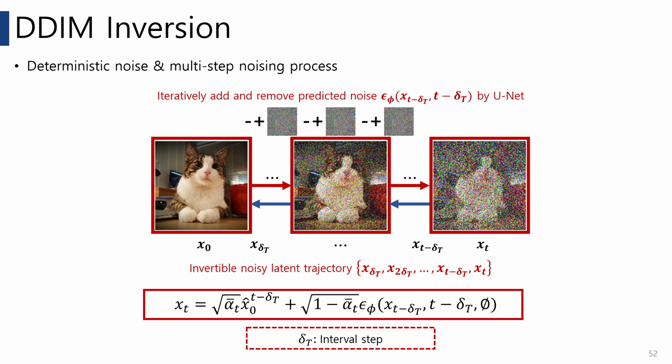At each step, the noise predicted by the UNet is repeatedly added and removed, creating an invertible trajectory for the noisy latent. By calculating this noisy latent trajectory, deterministic noise can be added to and removed from the rendered image over multiple time steps.